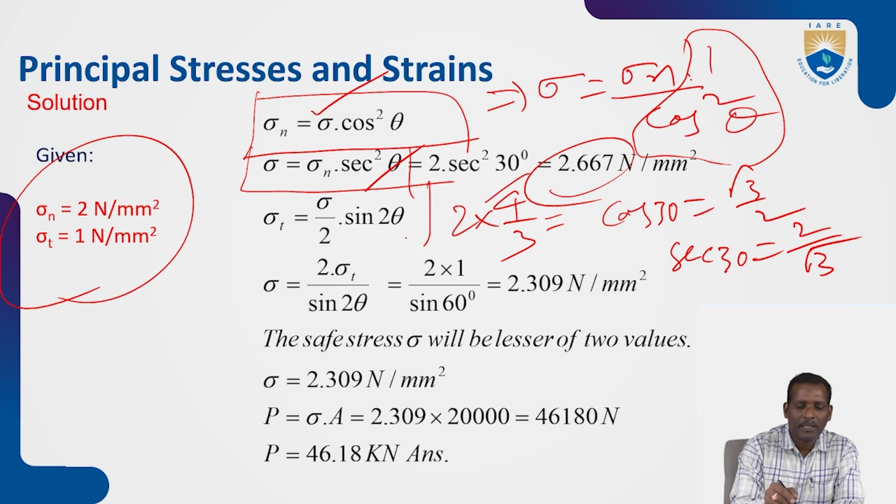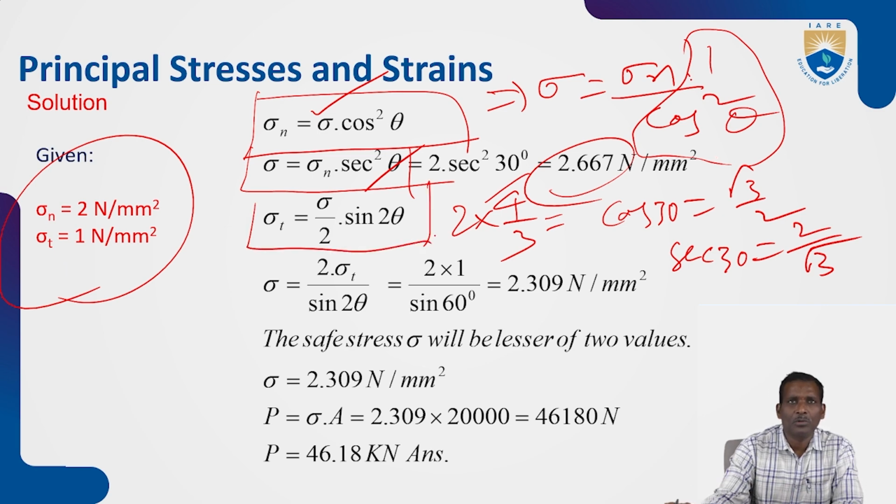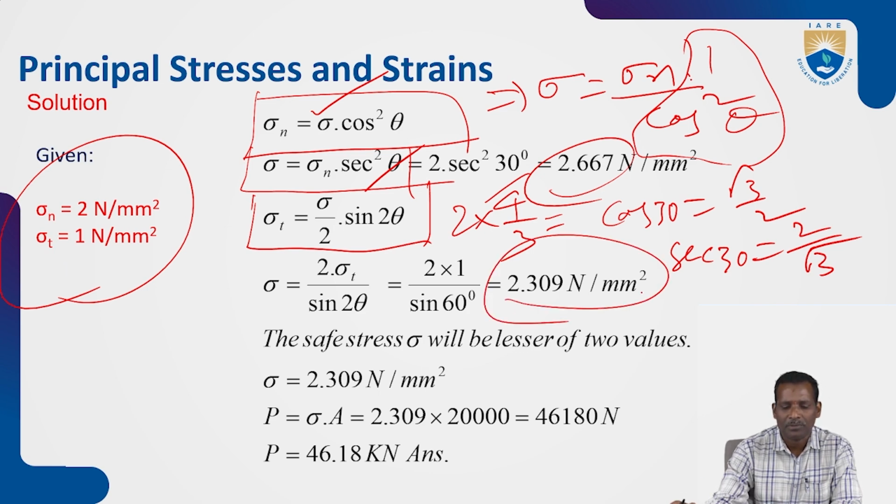So sigma t is sigma by 2 into sine 2 theta. So shear stress is equal to sigma by 2 into sine 2 theta. Sigma we don't know, so calculate sigma as 2 sigma t by sine 2 theta. Sigma t is 1 and sine 2 theta is the given value, so sigma is 2.309 Newton per mm square.